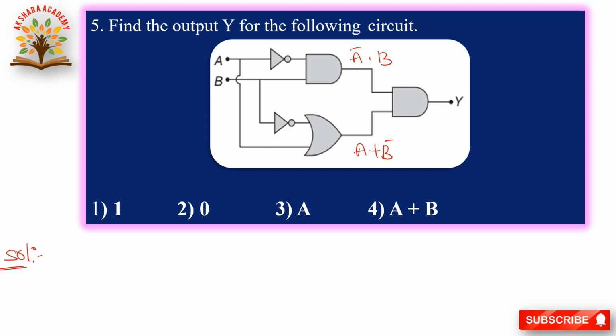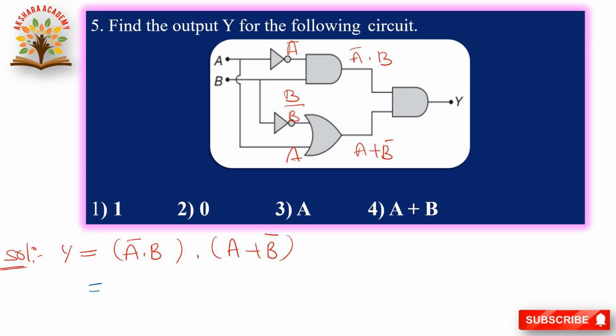Here A bar, and here B, and here B bar, and here A. Y is equal to A bar dot B dot A plus B bar.